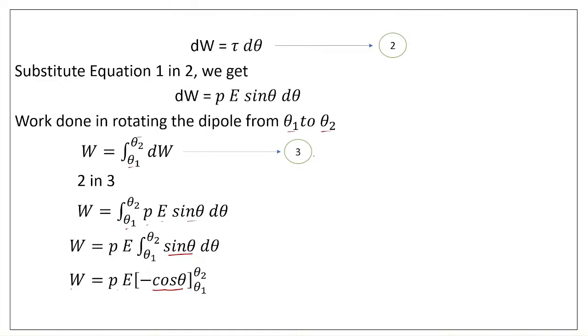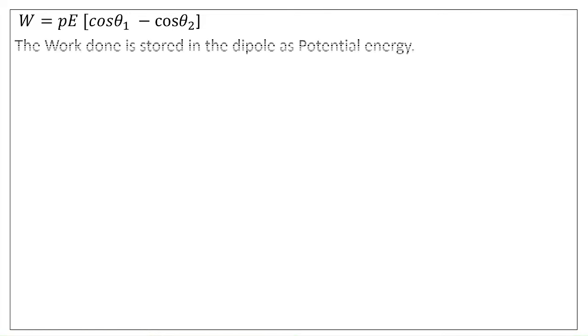Always take the upper one first, that is theta 2. Therefore, W is equal to PE into bracket minus into bracket cos theta 2 minus cos theta 1. Therefore, W is equal to PE into bracket cos theta 1 minus cos theta 2.